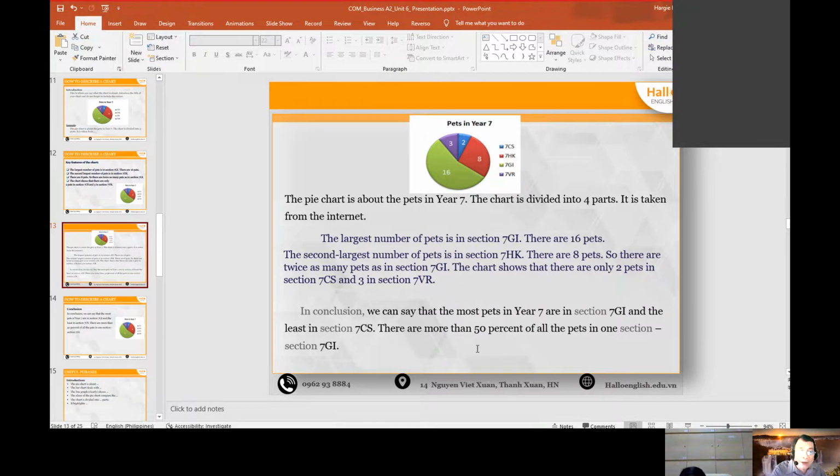And then what would be your recommendation? There are more than 50% of all the pets in section 7GI. That means out of this, it's more than half, more than 50% of all the pets in section 7GI. So this would be your report.